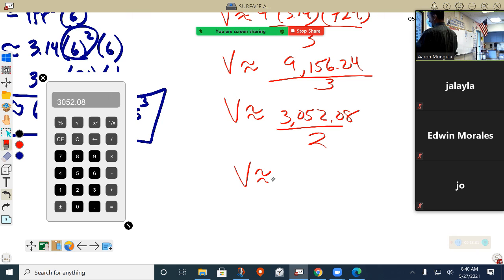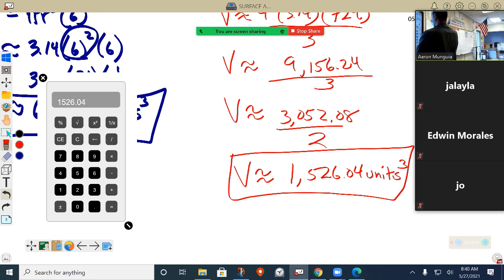So the volume of that half sphere then is going to be 1,526.04 cubic units. Awesome, awesome, awesome.